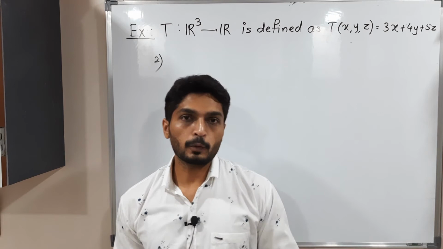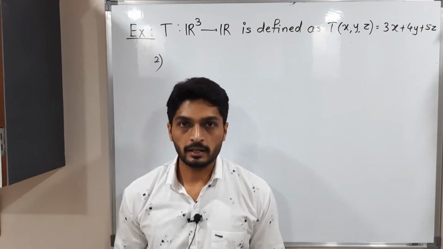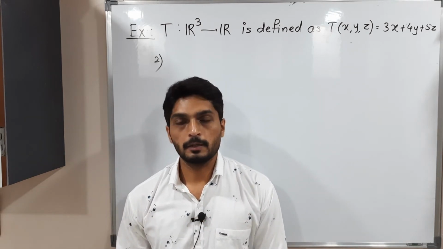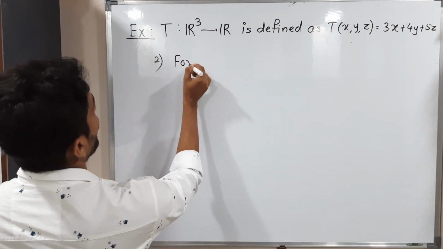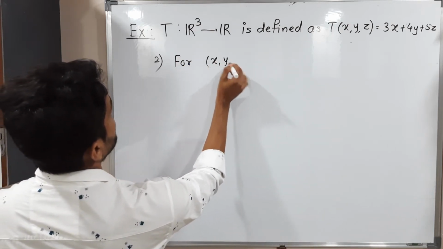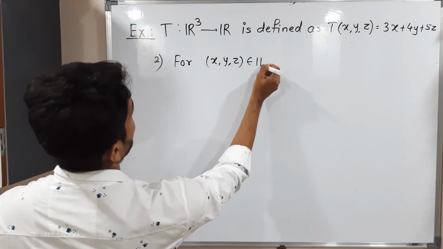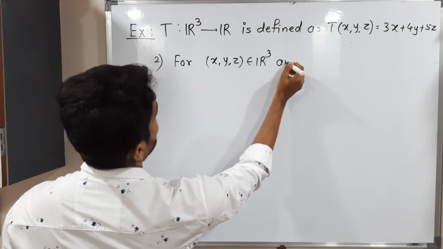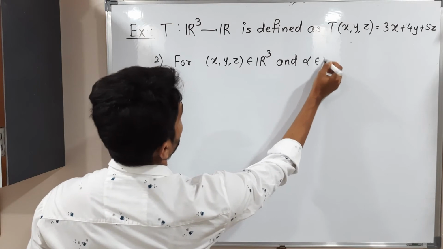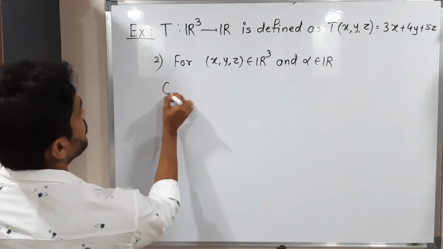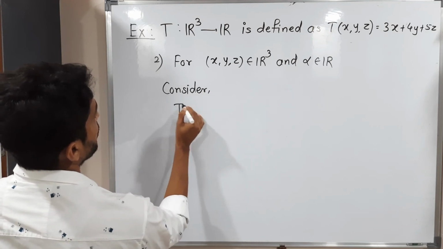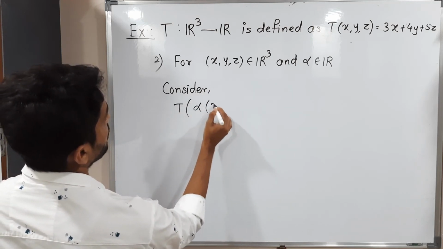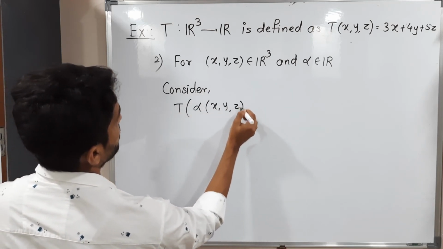For the second property, we should have one scalar and one element of R3. So let us take those two. x, y, z is an element of R3 I have taken, and one scalar alpha belongs to R. Consider T of alpha x, y, z.